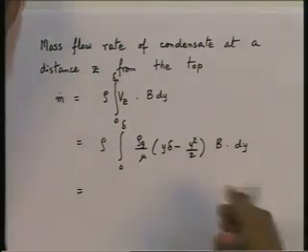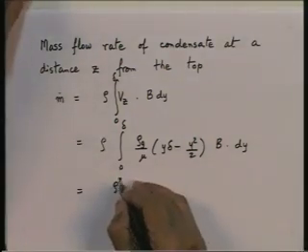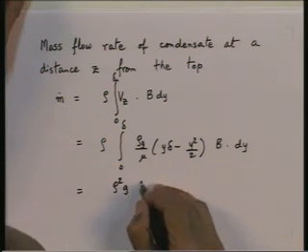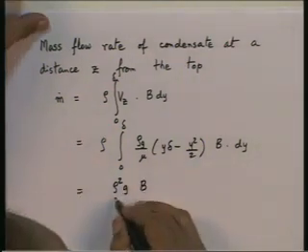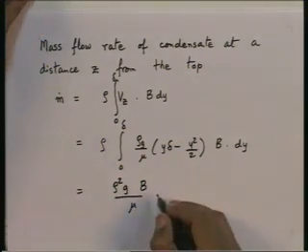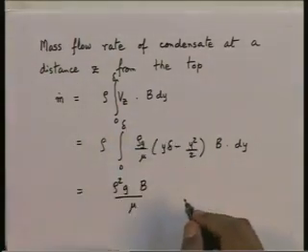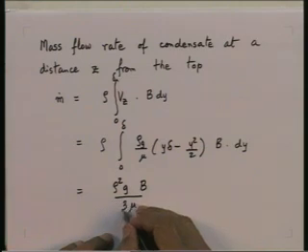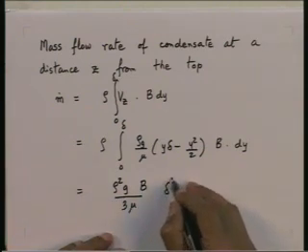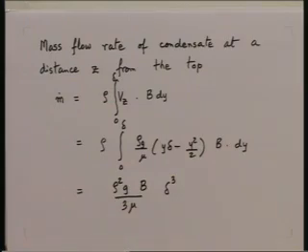Performing the integration, you will get rho squared g into b, these are all constants, upon mu, and on putting the limits 0 to delta, we will get a 3 in the denominator and a delta cubed in the numerator. So, the net result of the integration is rho squared g b delta cubed upon 3 mu. That is the mass flow rate in the condensate film.